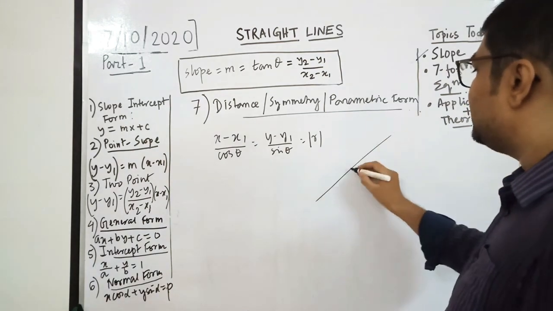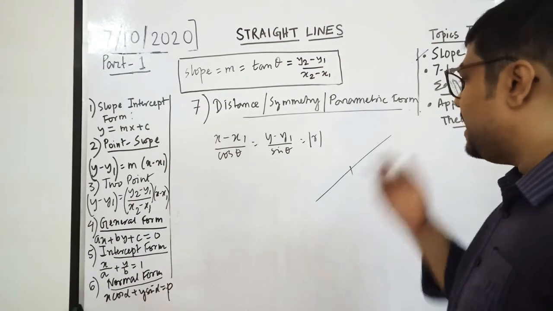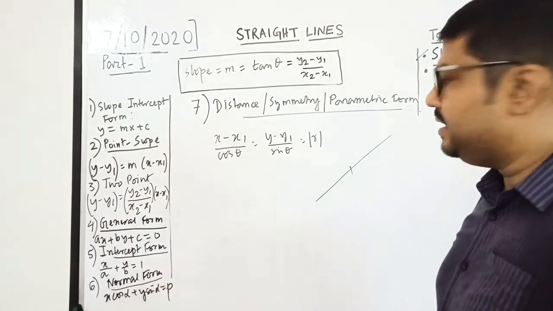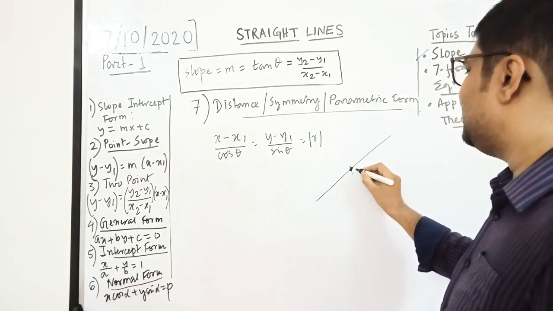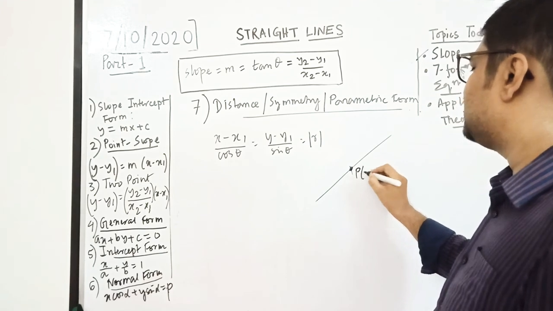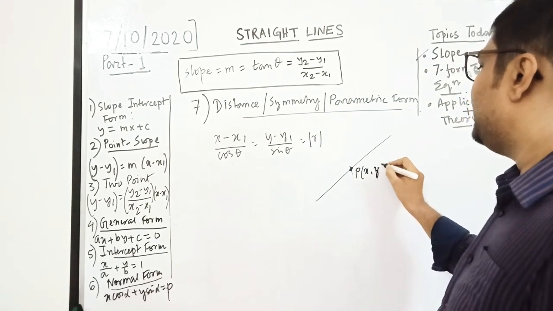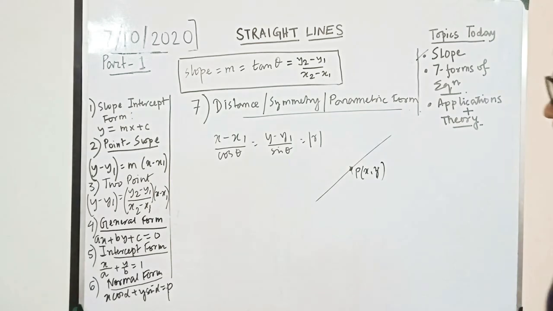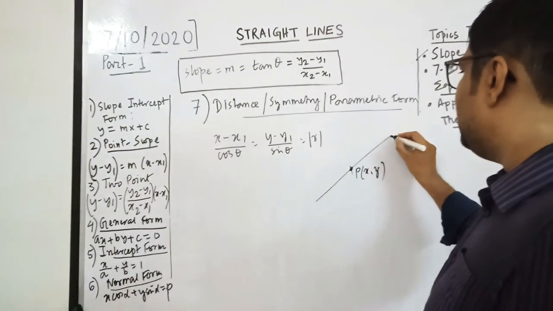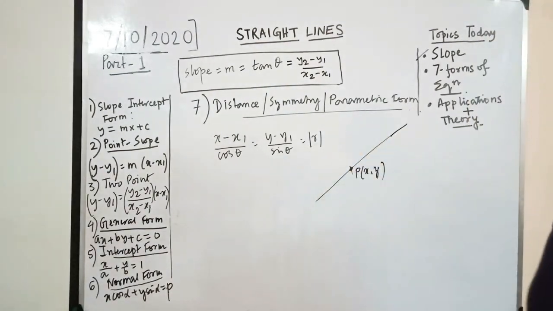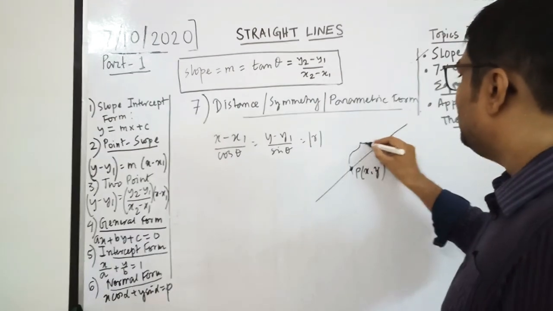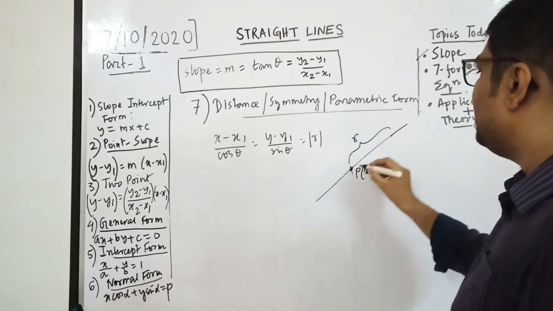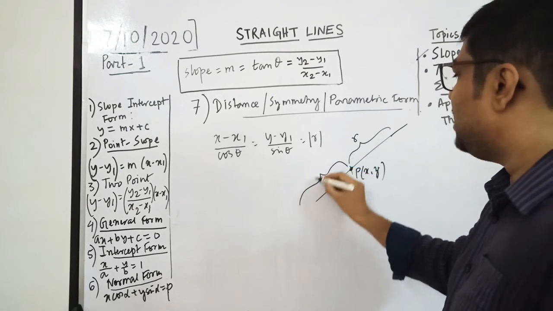If a line is like this, and this point is say xy, you have to find another point on it which is r distance away from this point. I will move r distance away, or I might come this way also, r distance.